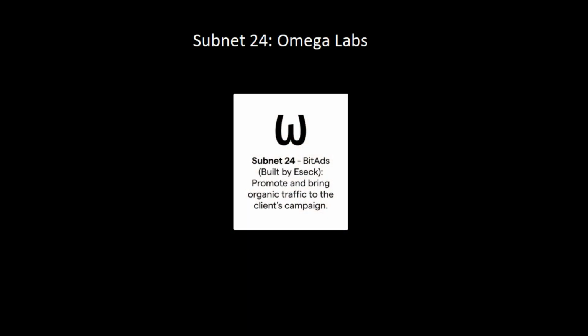Subnet 24, Omega Labs. Omega Labs is an AI research group co-founded by the founders of WOMBO, an AI company known for its product Dream, which lets users create art-based images on a text prompt.